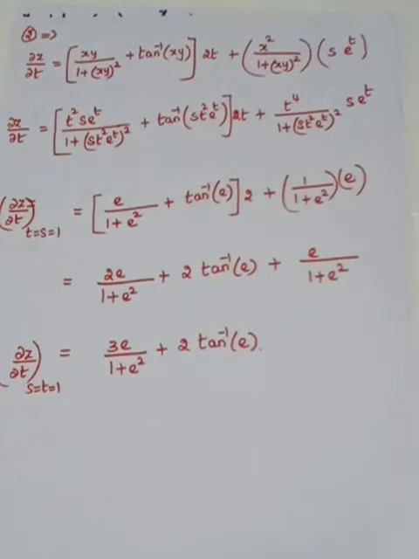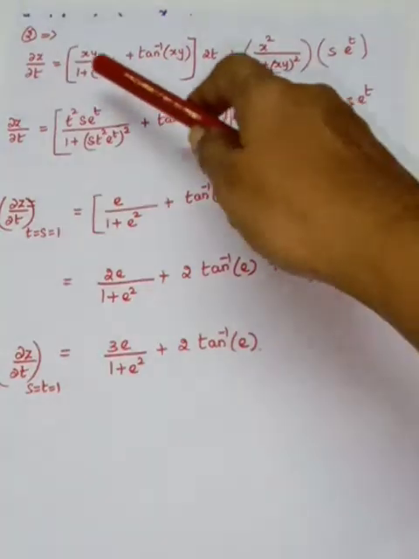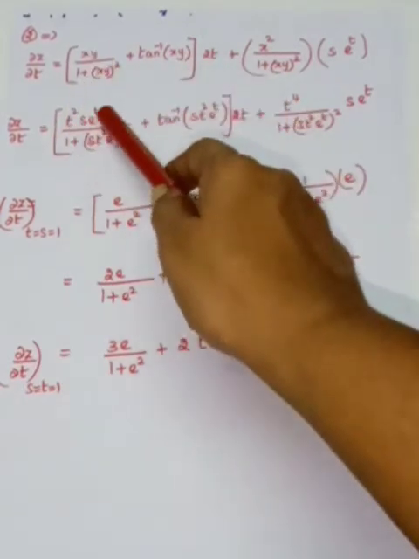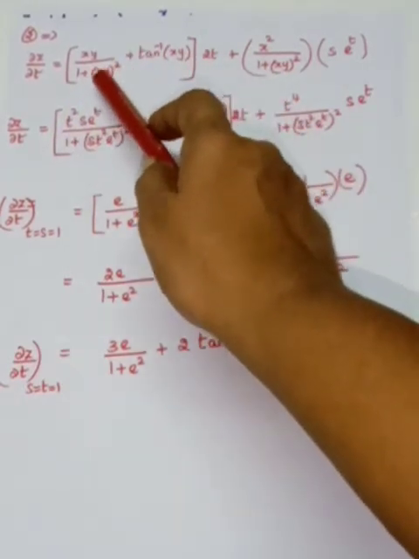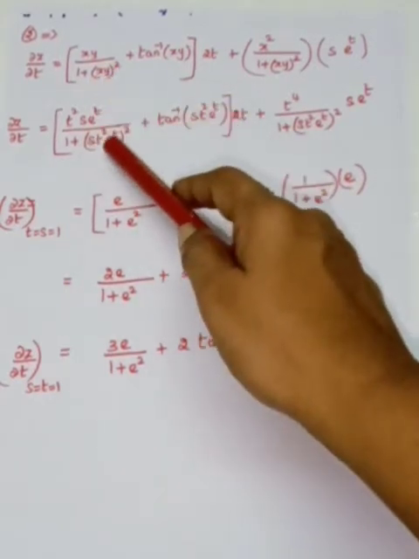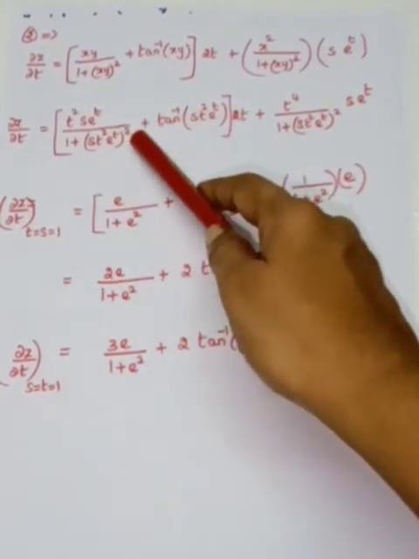Okay, so what you have to do? You have to eliminate x and y. So x and y have to be substituted. In the place of x it is t squared. In the place of y, s e power t. Here what has to come? T squared, y is s e power t the whole squared.